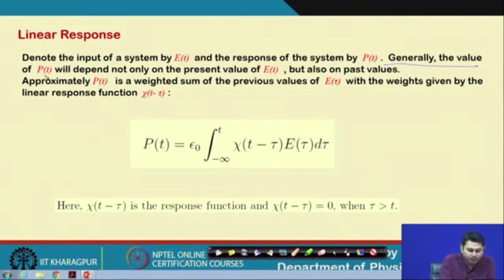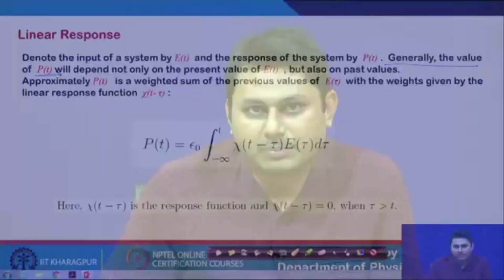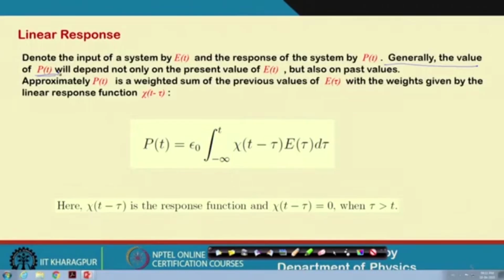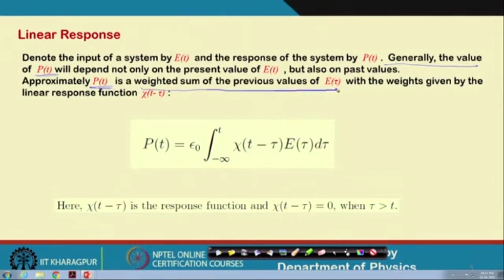So, if I want to find the polarization at time t, that does not mean this polarization appears because of the launching of the electric field at time t. Rather, I launched the electric field before, and there is an effect after that, and then I get the polarization. If I look back to our slides, P(t), the effect on the system, the polarization, is the weighted sum of the previous values of E(tau).